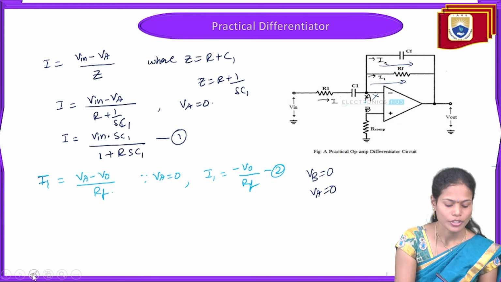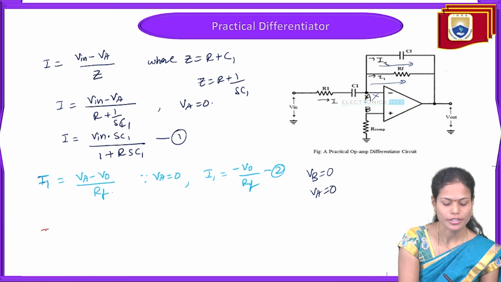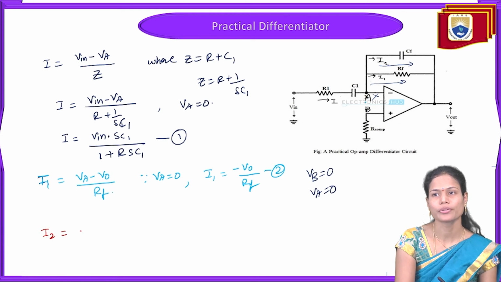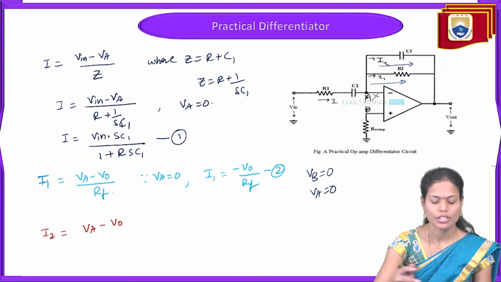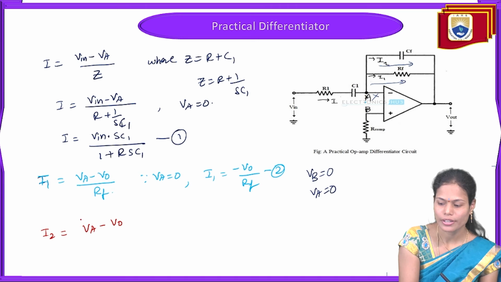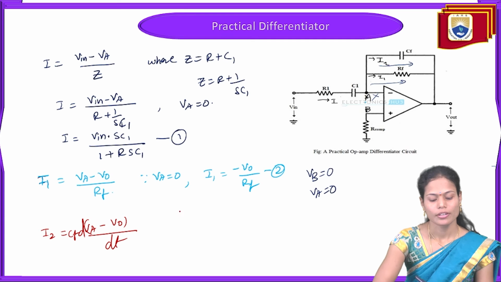And next, to find the second current, I2 is equal to CF into the differentiation of VA minus V0 by dt.